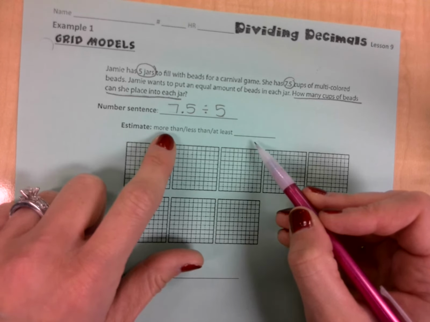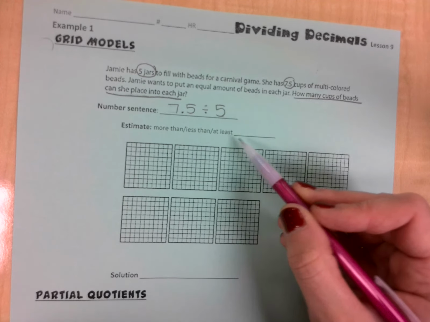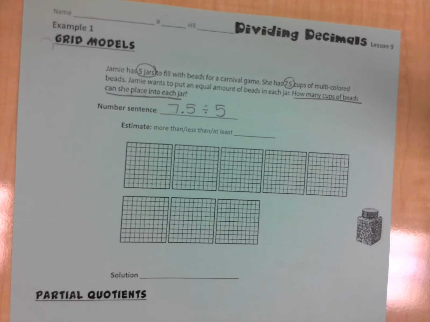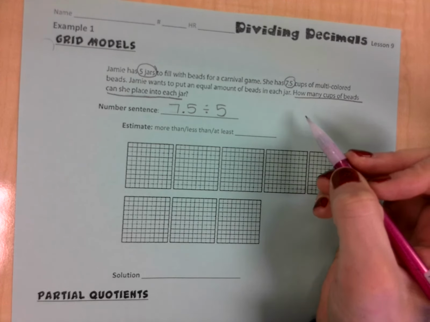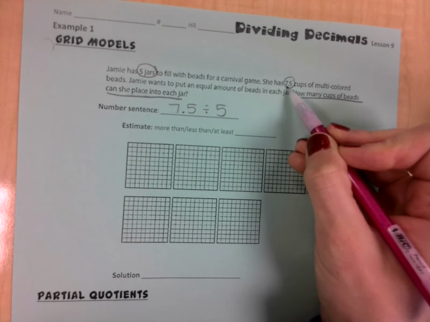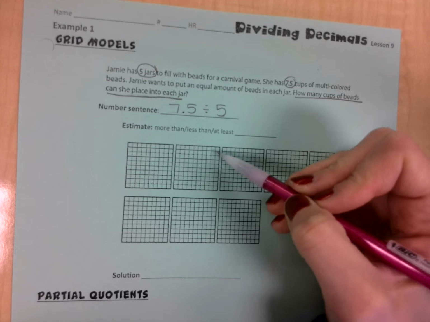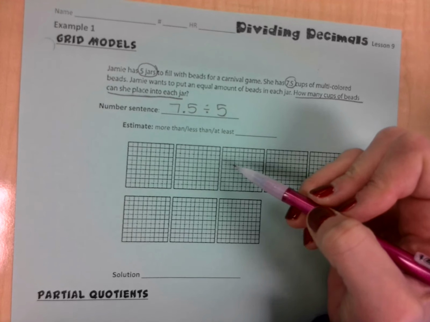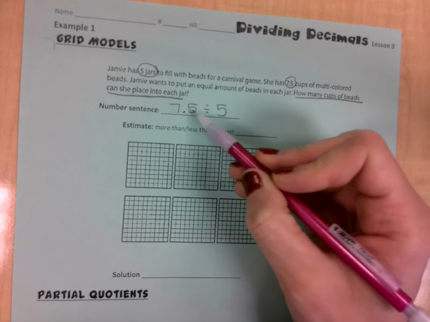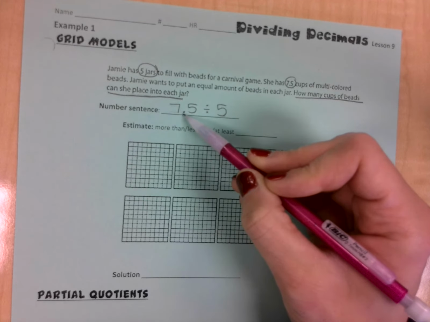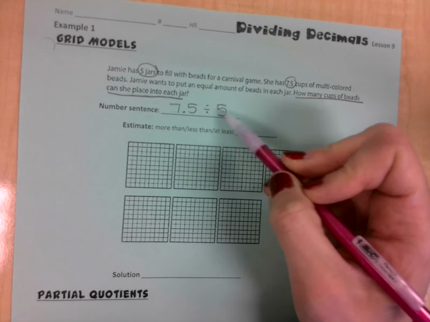What's also going to be helpful for our answer is, are we going to get more than, less than, or at least a whole? Is this going to be a whole number or not? If we're starting with 7 5/10, well, if we did some estimating, we have about 7, and 7 is being divided into 5.